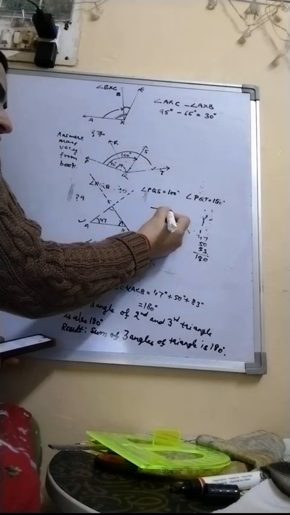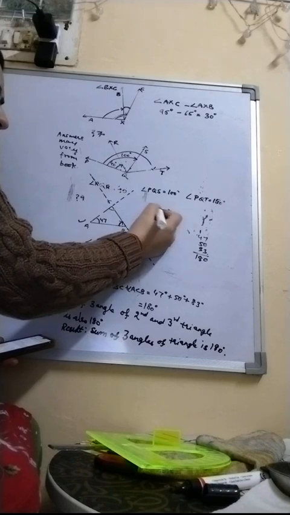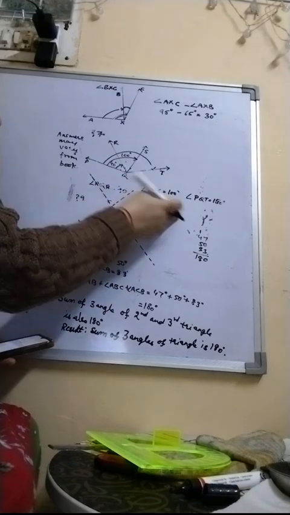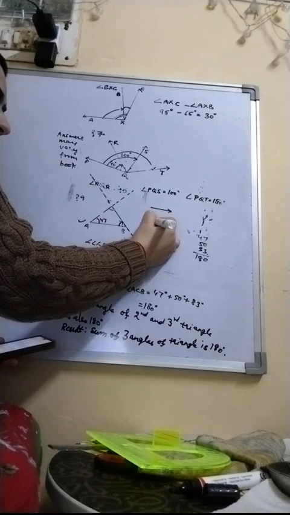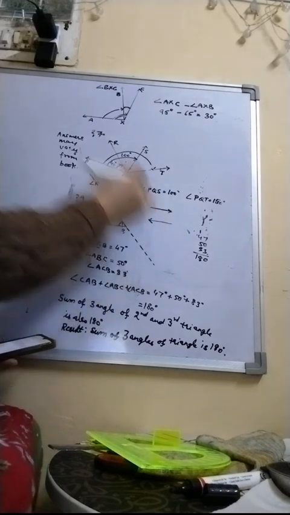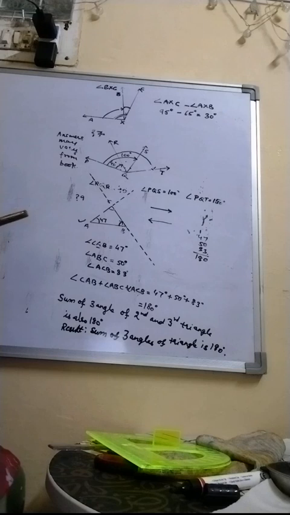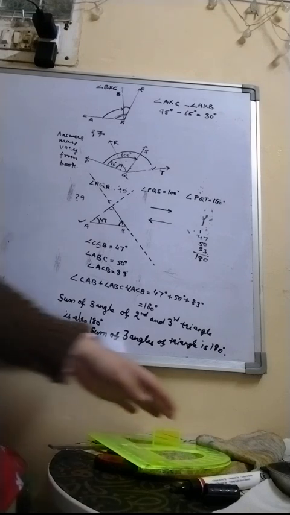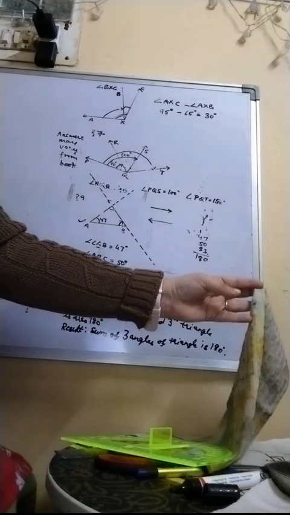So if the ray is in the right direction, you would align the protractor in the right direction. If the ray is in the left direction, then you have to align it in the left direction. So this we have already discussed. Now we move to the next figure it out.